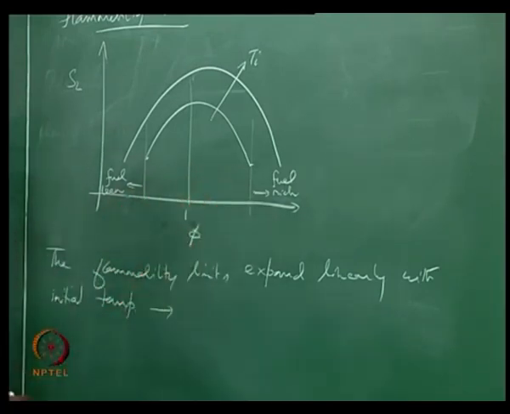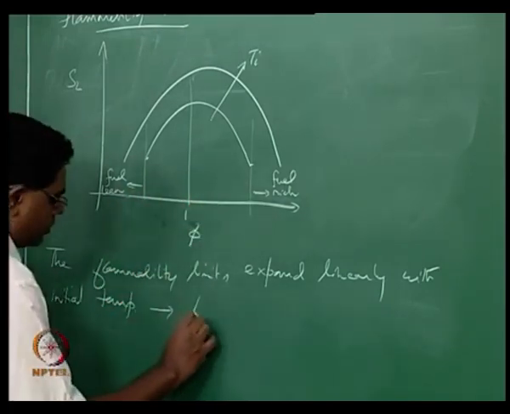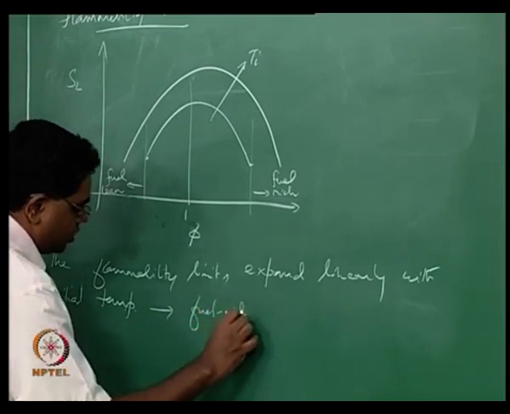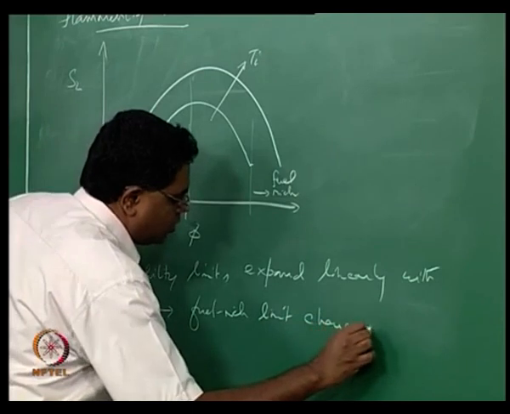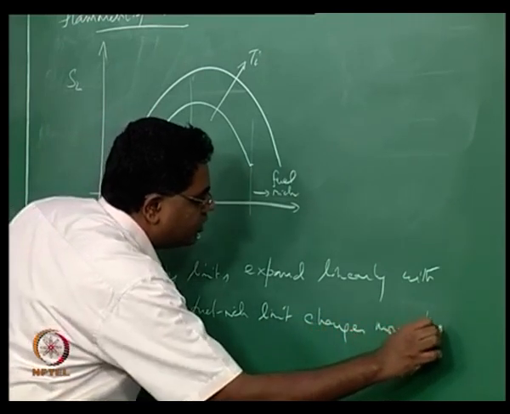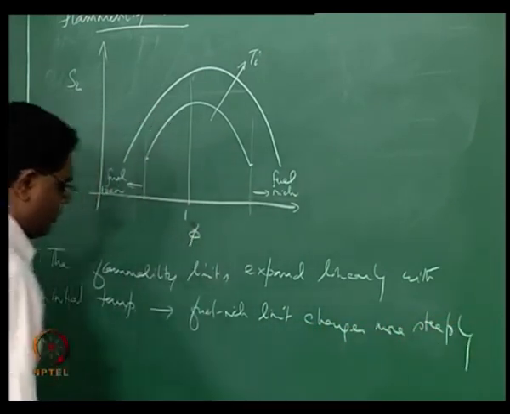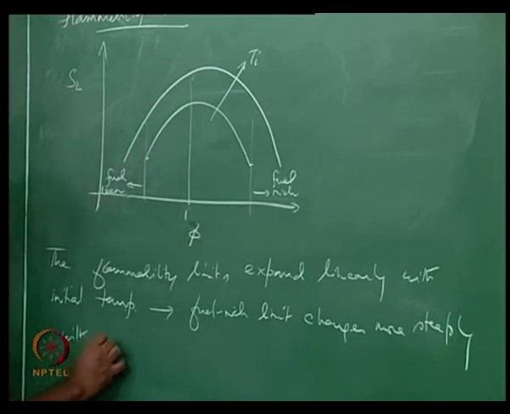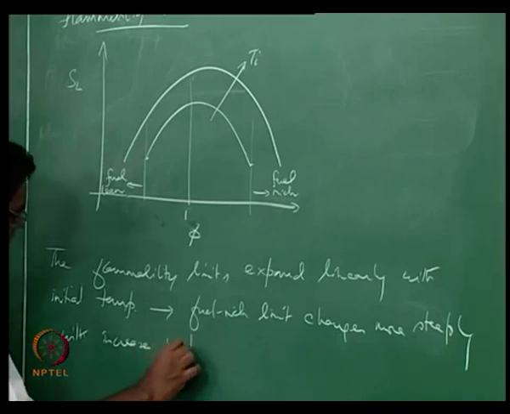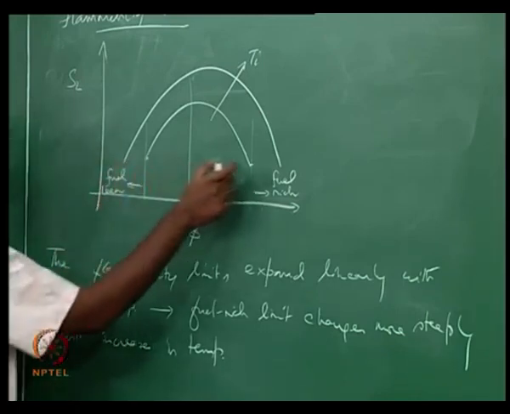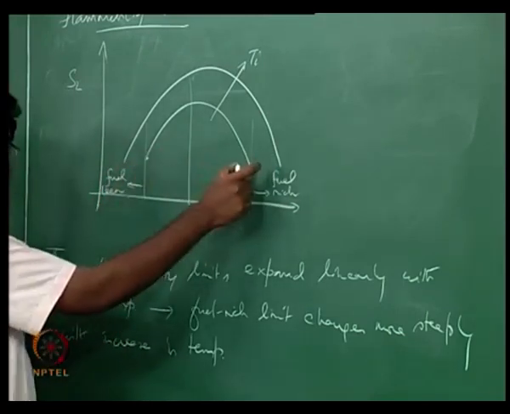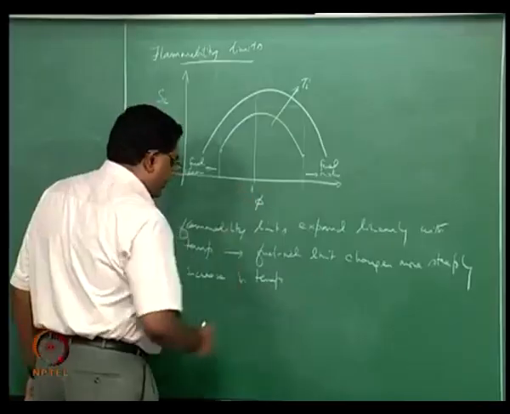That means the fuel rich limit changes more steeply with increase in temperature, right. So that is to say, basically, this gap should be quite less when compared to that gap, although this picture doesn't reflect that significantly, okay.